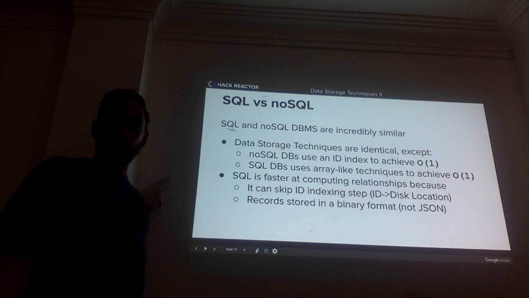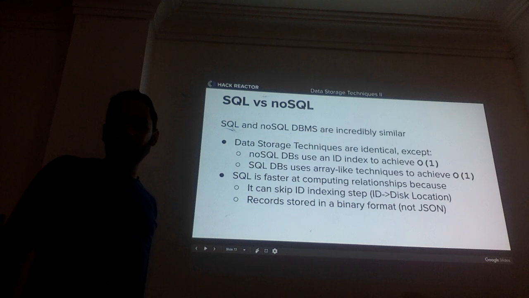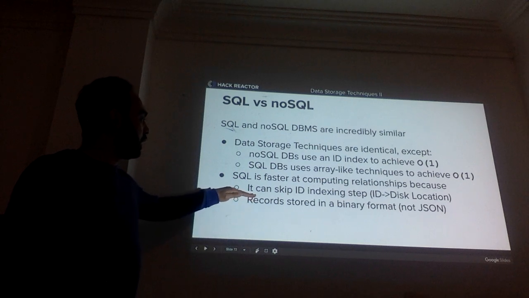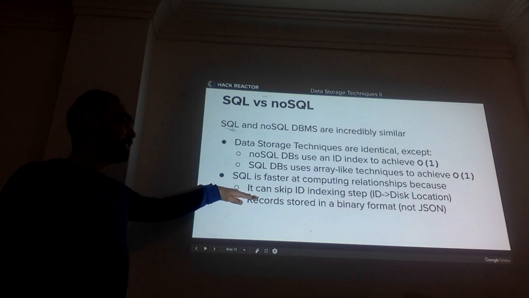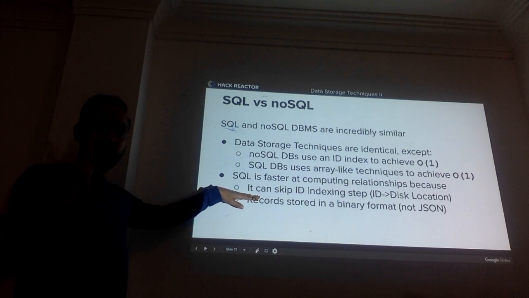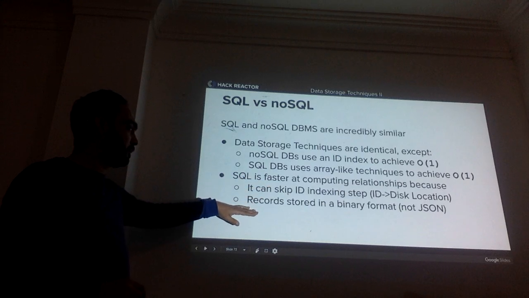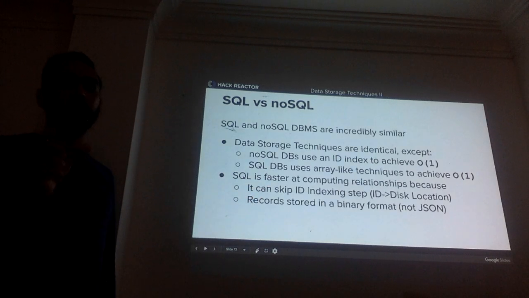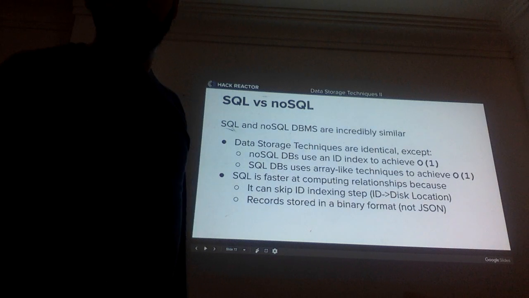You read it in school. So it can skip the ID indexing step. There is a step that's skipped, which guarantees you big O of 1, so it's faster. Records are stored in a binary format, not JSON. Just convert everything to binary and put it on the hard disk.